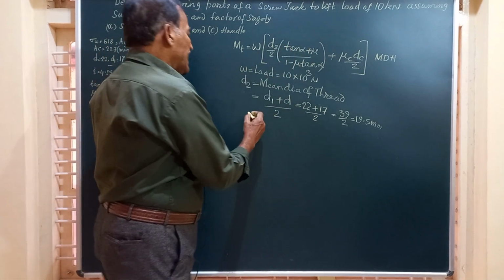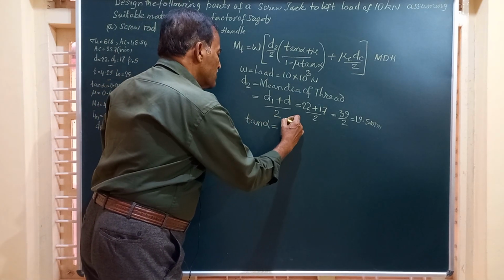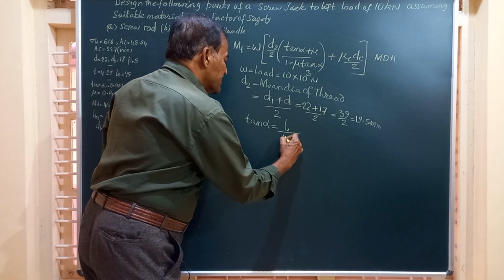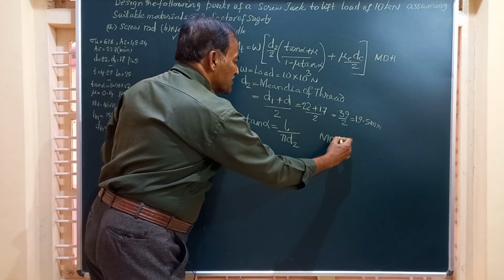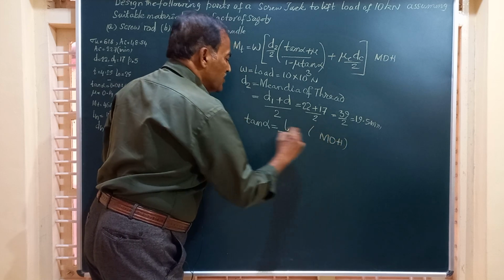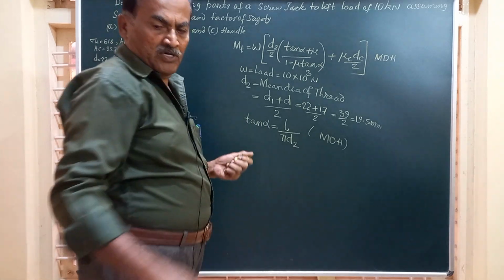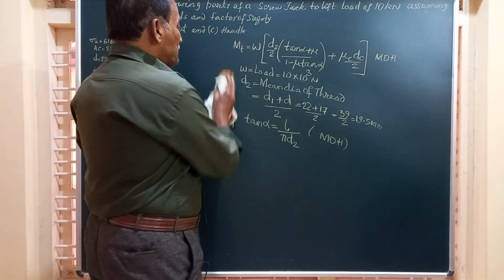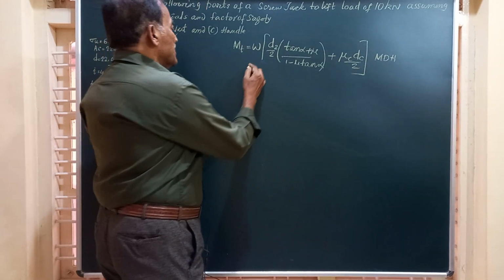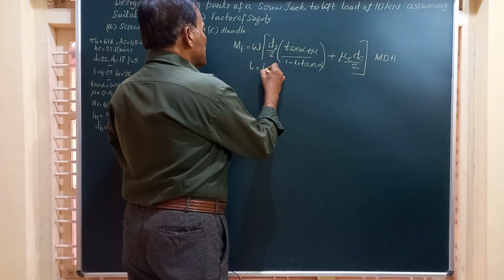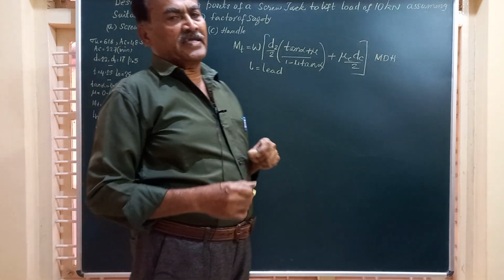Then friends, this tan alpha is equal to L over pi d2, again given in MDH, the machine design data handbook, where this term L stands for the lead. What is the meaning of the lead?